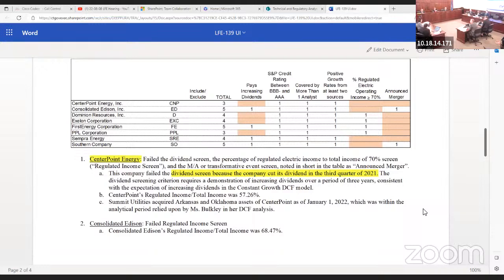Okay. So Dominion didn't meet the dividend screen or the merger screen. That's correct. Same thing with Exelon. I guess the transaction happened with Constellation. You indicate here February 2022.